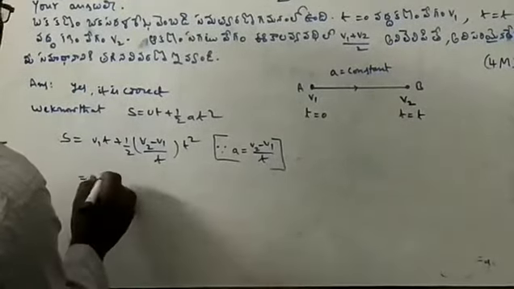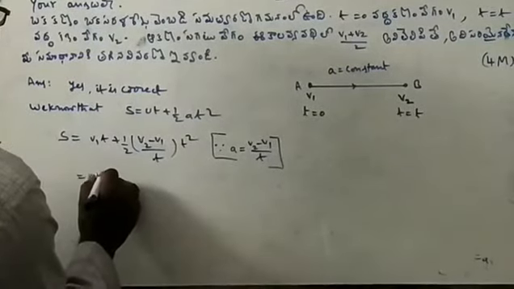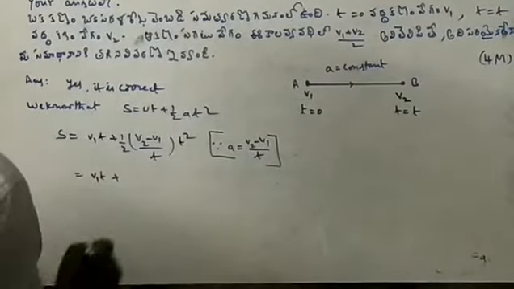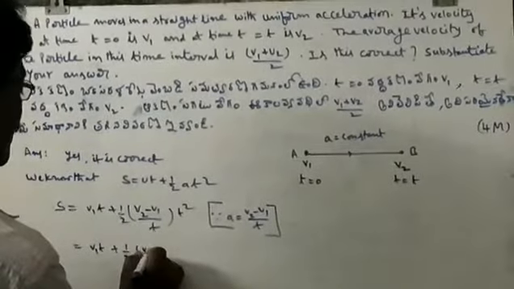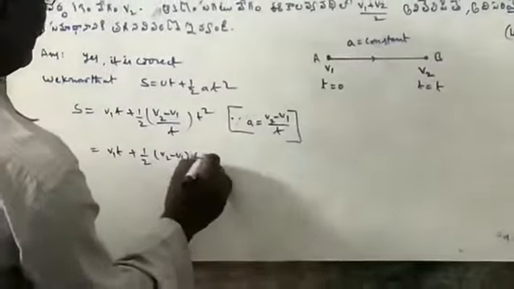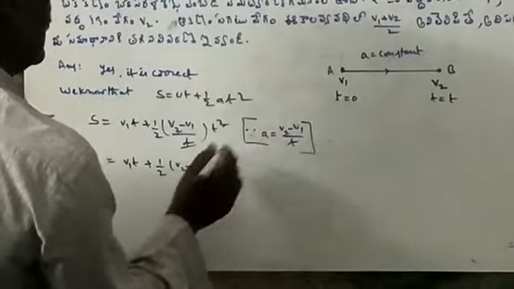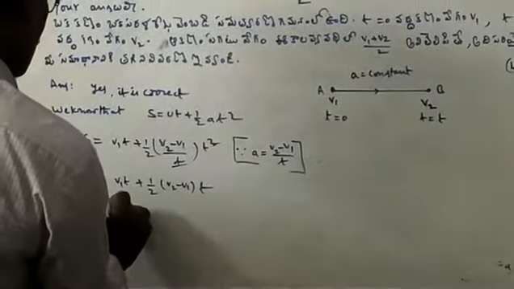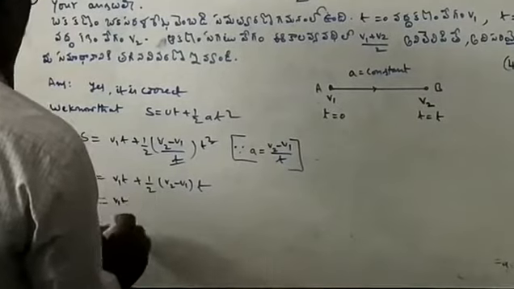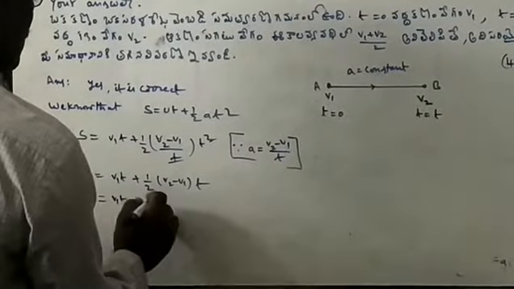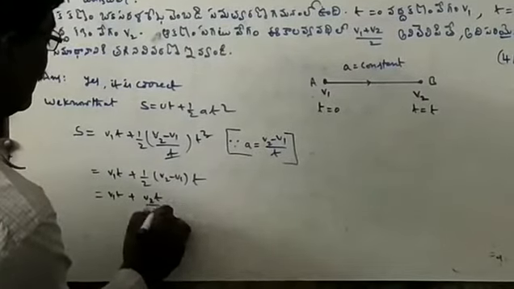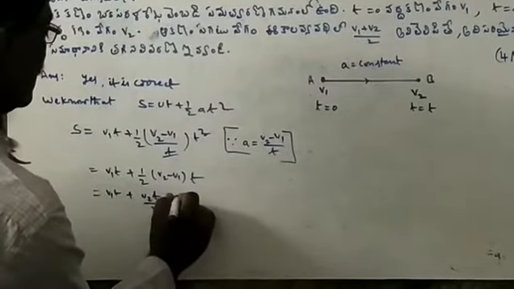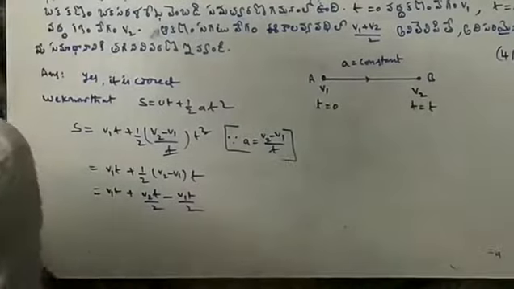That is equal to v1t plus half (v2 minus v1) into t. t cancels. That is equal to v1t plus, multiplying, we get v2t by 2 minus v1t by 2.